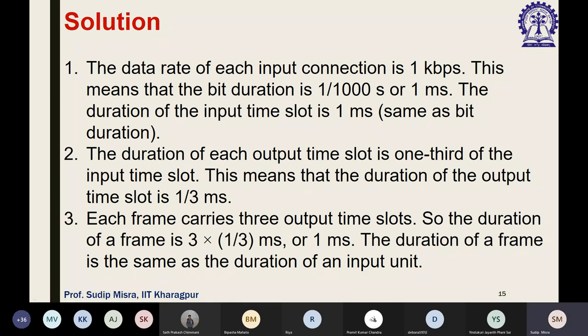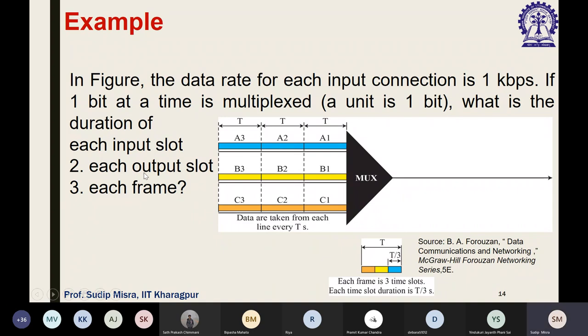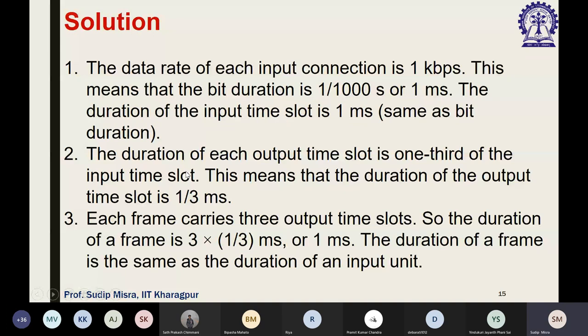Now the second question was, what is the duration of each output slot? So if 1/3 of the slot is occupied, right? The input time slot is 1 millisecond, so the duration of the output time slot is going to be 1/3 millisecond.